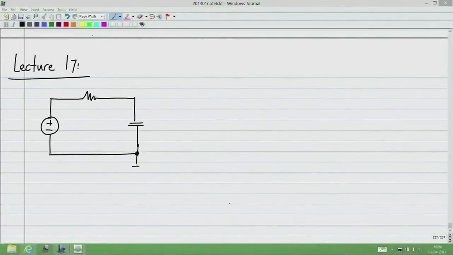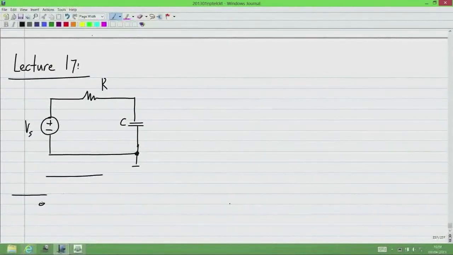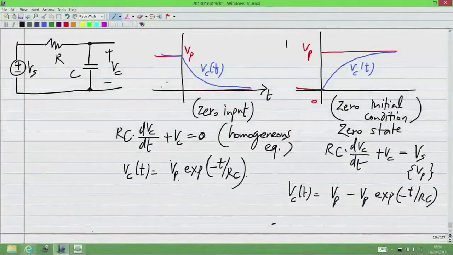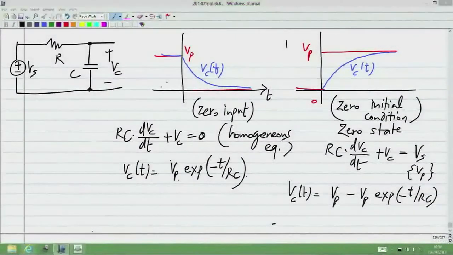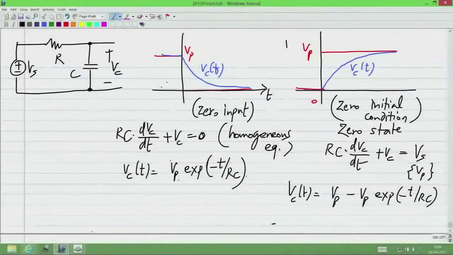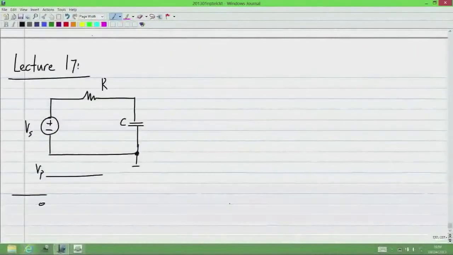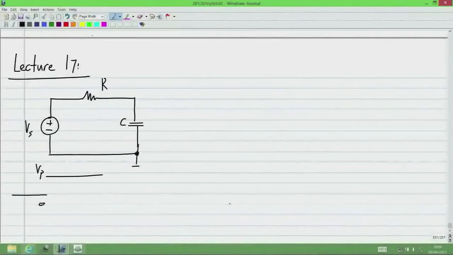We saw what happens in this case. C, and the input Vs goes from 0 to Vp at t equal to 0.